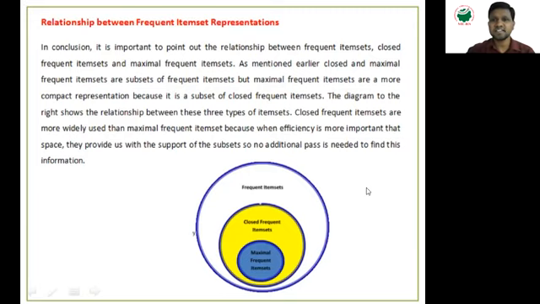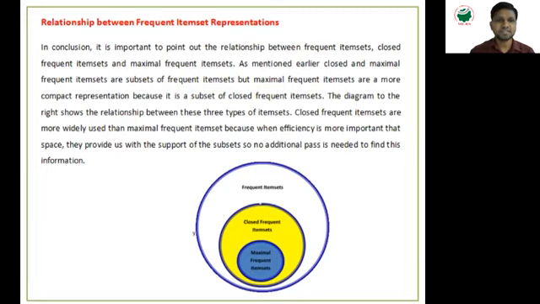As mentioned earlier, closed and maximal frequent item sets are subsets of the frequent item sets, right? But maximal frequent item sets are a more compact representation because they are a subset of closed frequent item sets, right? The diagram to the right shows the relationship between these three types of item sets.